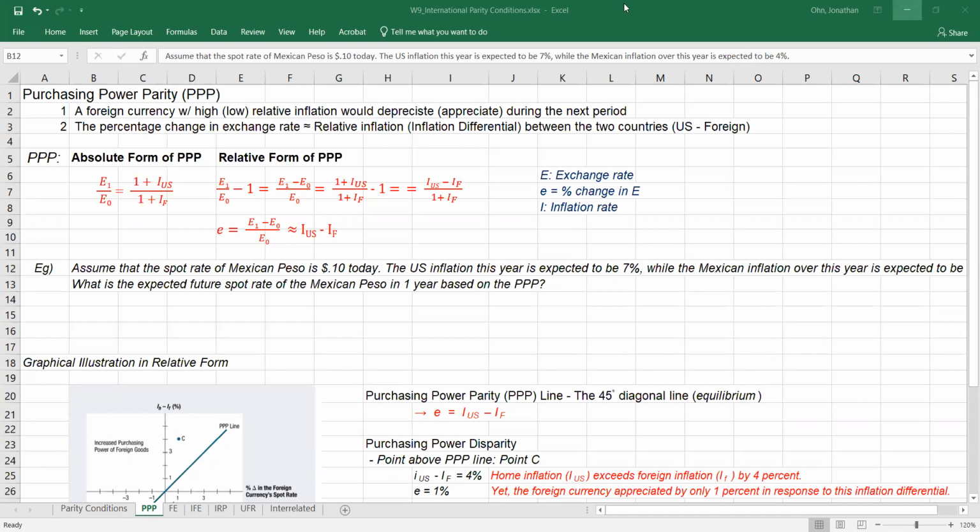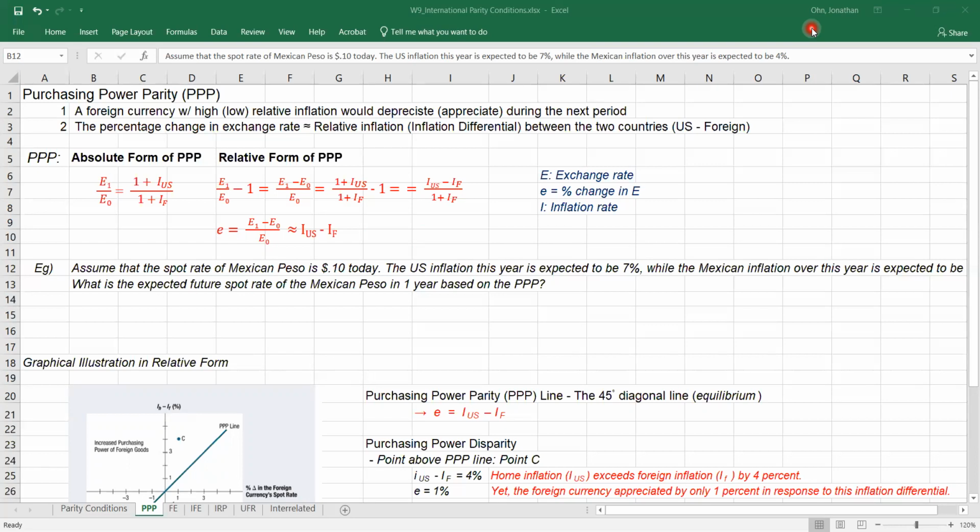All right. Here, the first one is purchasing power parity. The basic idea about purchasing power parity is that a foreign currency with high relative inflation would depreciate during the next period.